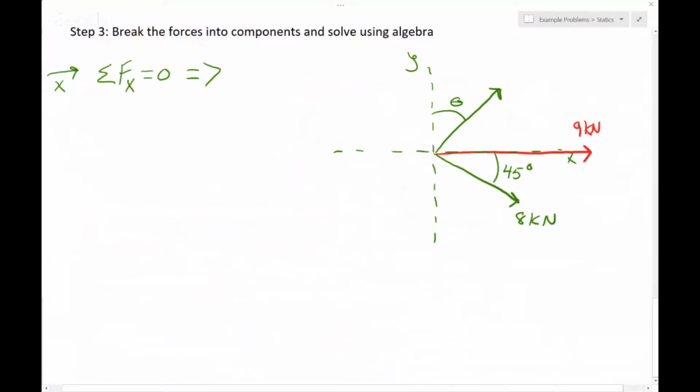So we have our summation of our forces in our X direction. We want that to be equal to 0.